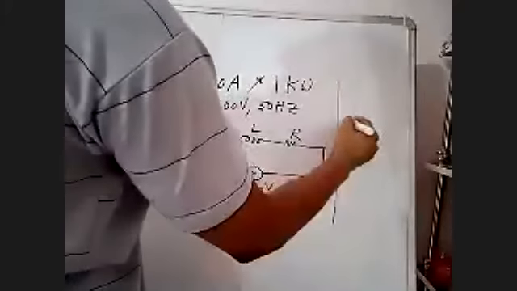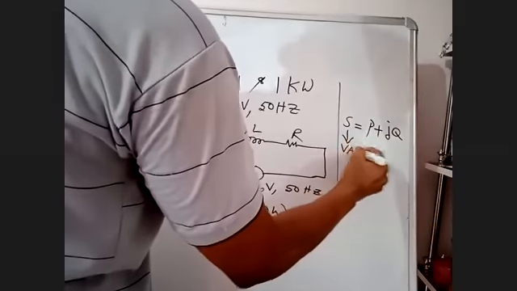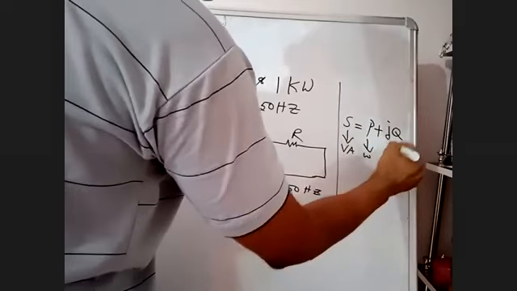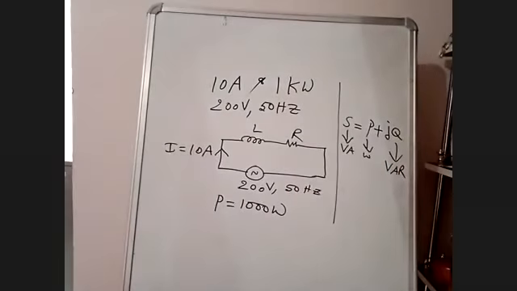Watts. S is equal to P plus JQ. Unit of S is volt ampere. Unit of P is watts. Unit of Q is volt amp reactive, VAR. In the problem, what is he giving? 1 kilowatt, that is P. P is 1000 watts. This is the data given in the problem.